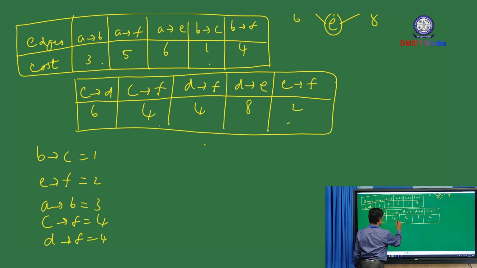So this is also over. And one more is there, B to F, also 4. Now this is also over. Now what you have to do is the remaining element. The remaining element you have is A to F.